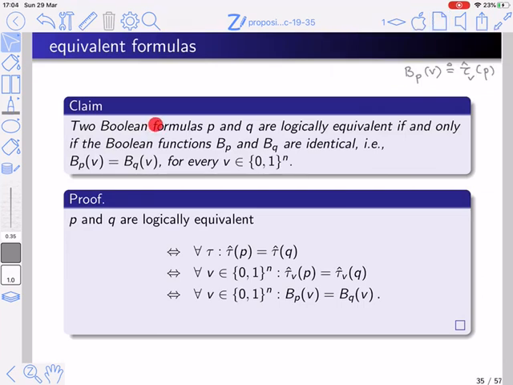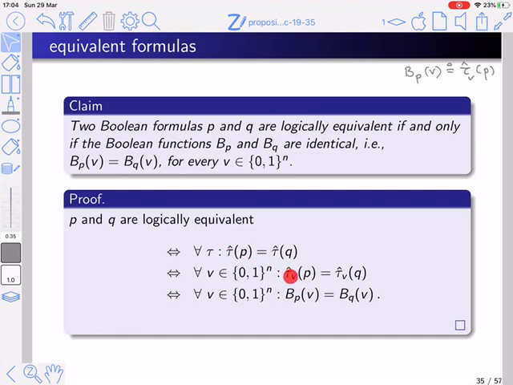Finally, two Boolean formulas, P and Q, are logically equivalent if and only if the Boolean functions b_P and b_Q are identical. Namely, for every vector v, b_P of v equals b_Q of v. Let's see the proof. P and Q are logically equivalent means that for every truth assignment they get the same truth value. Now we can replace truth assignments by binary vectors because there's a bijection between binary vectors and truth assignments.